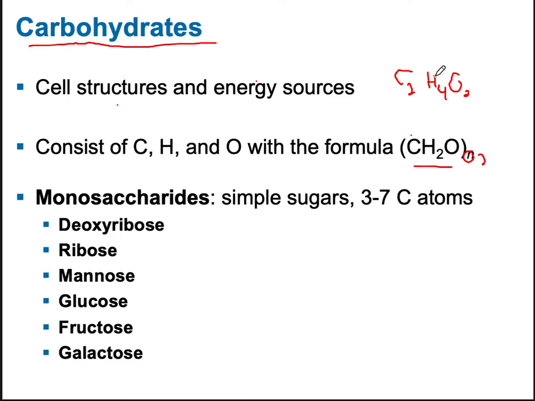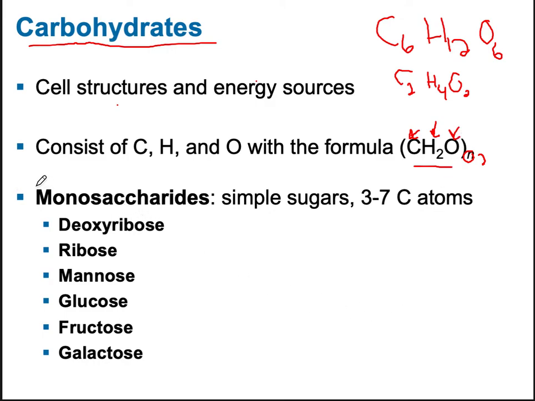If you were to put a 6 there, right, then you would have C6H12O6. So you always have this ratio of 1 to 2 to 1, okay? So again, the ratio of 1 carbon to every 2 hydrogen to every 1 oxygen.